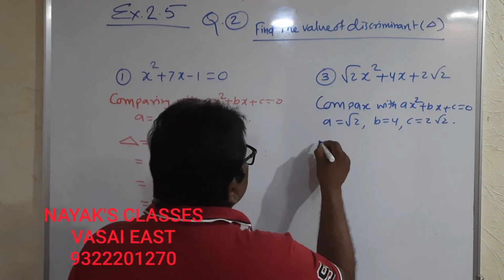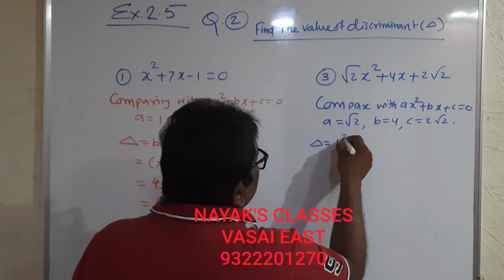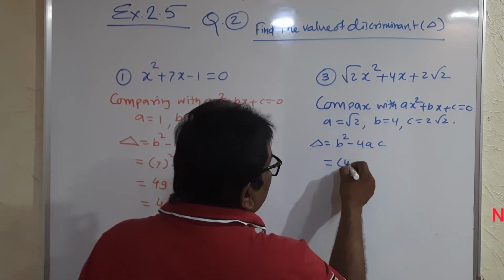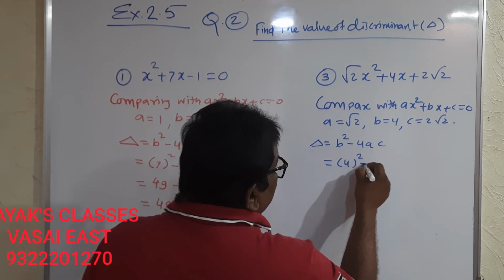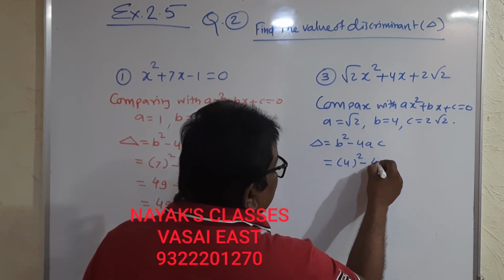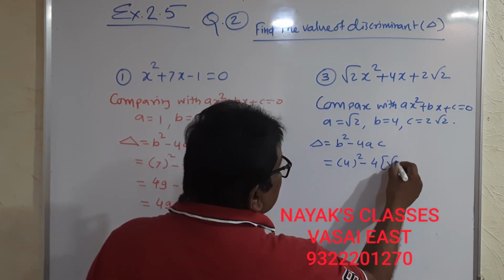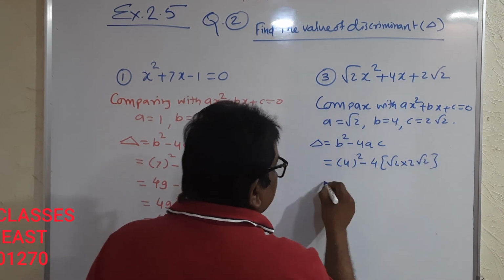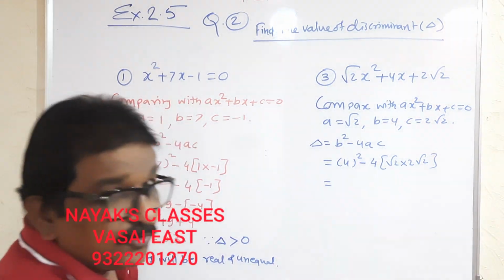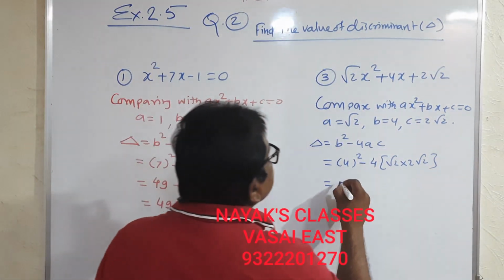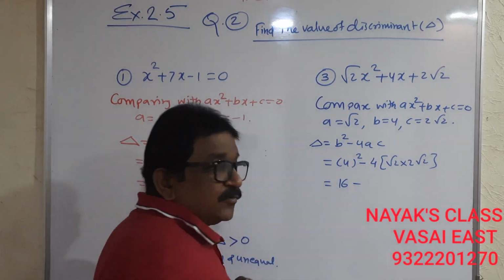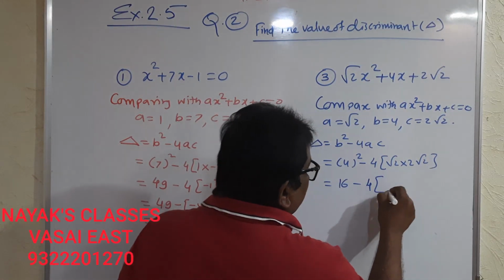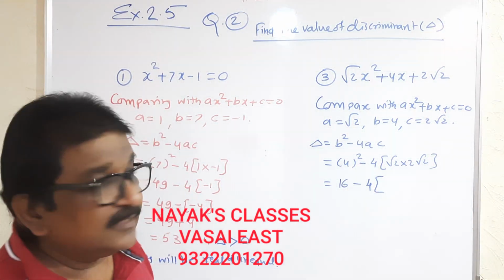So delta is equal to b square minus 4ac, which is b is 4 the whole square minus 4 into bracket a is root 2 into c is 2 root 2, which is equal to 4 square is 16 minus 4 into bracket. You might have studied surds in 9th standard.